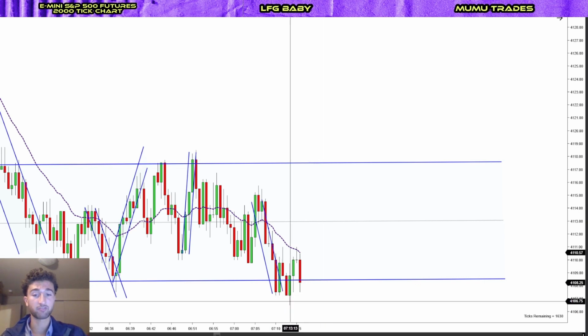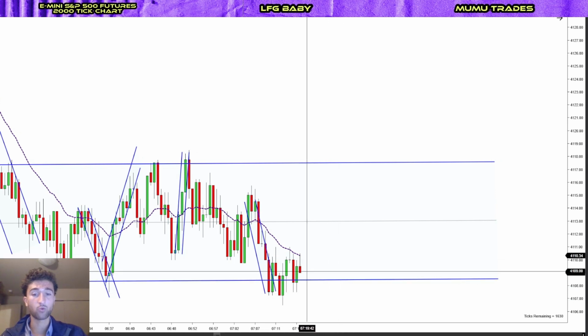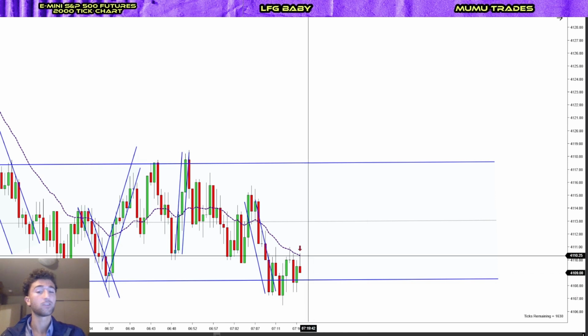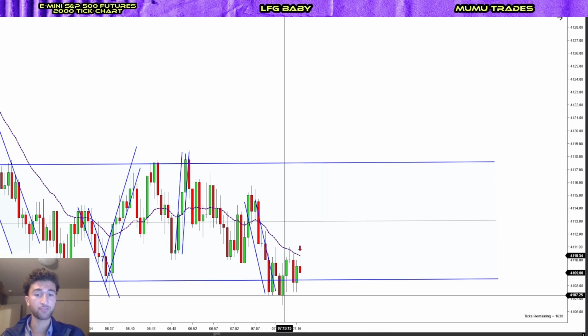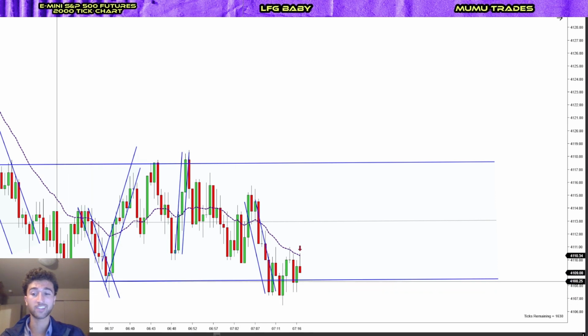So if we're counting from this new low, we went up, we had a first entry short, and now we have a potential second entry short right here. But we don't want to go short because there's already a break in a new low of this downtrend. The prices are getting very choppy, and once again, we're at the bottom of this trading range, and we want to be looking to go long.